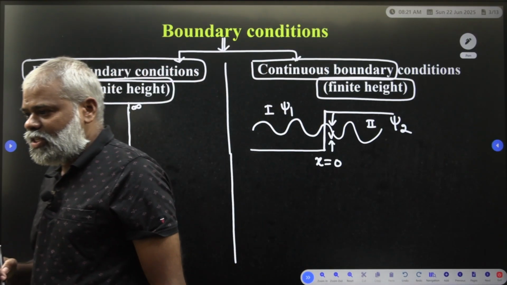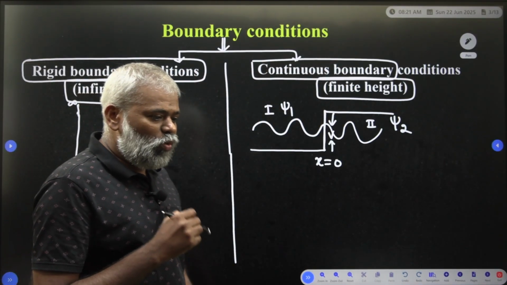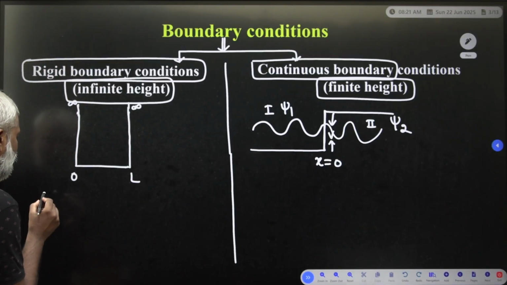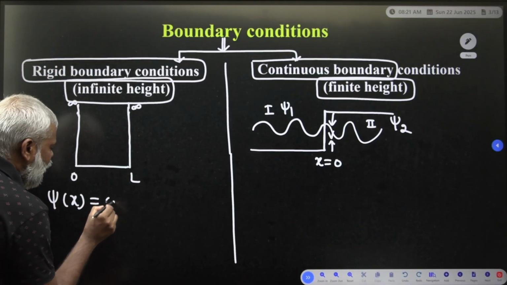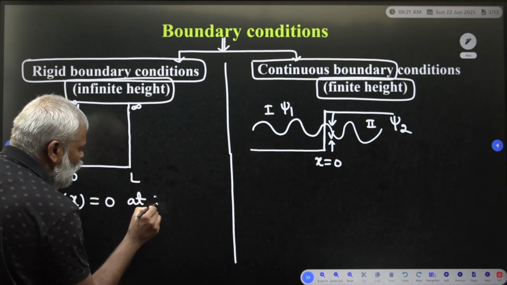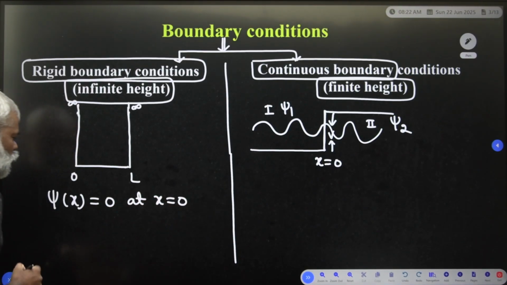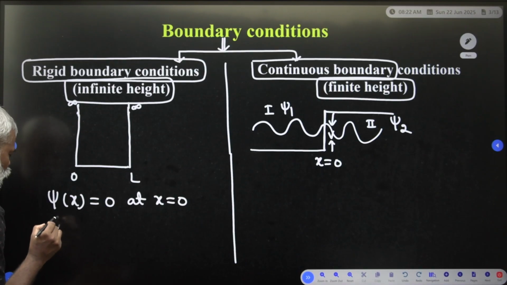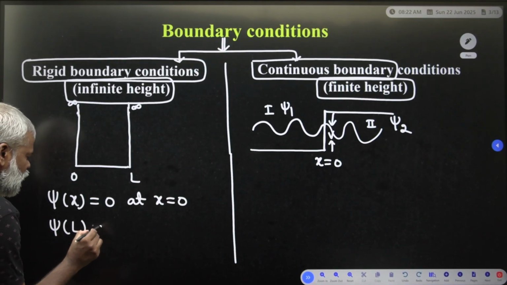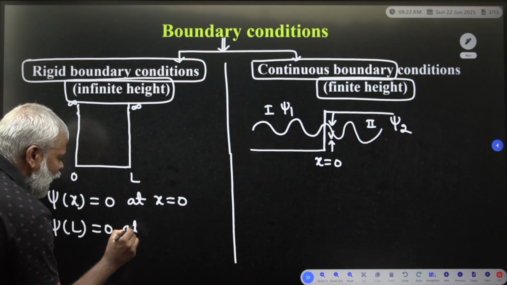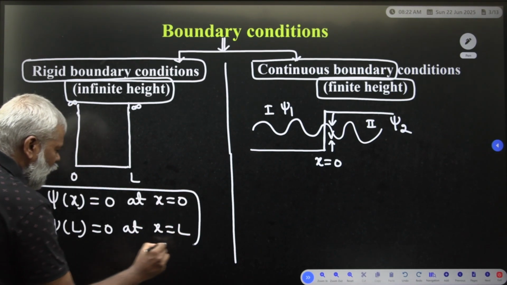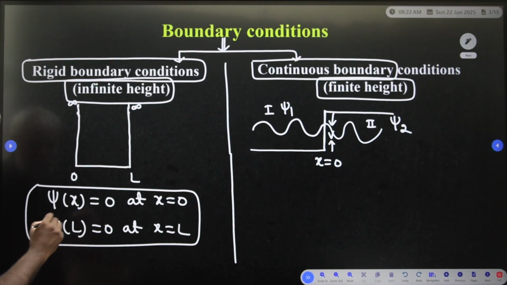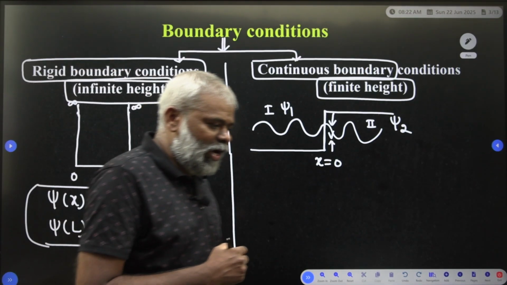What is that condition? We have to learn. For the infinite height boundary condition, psi of x is equal to 0 at x is equal to 0, and psi of L is equal to 0 at x is equal to L. That is the rigid boundary condition.